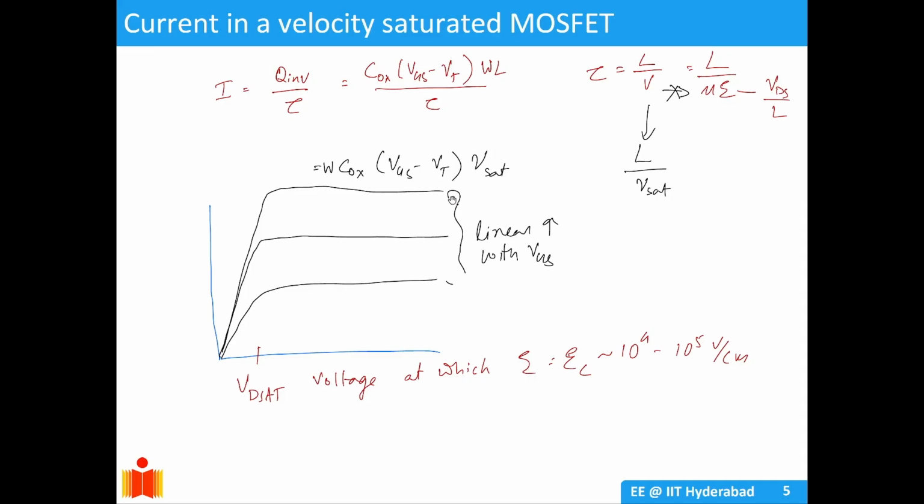which causes the current to become Q inversion by tau, which is Cox (VGS minus VT) W by tau.